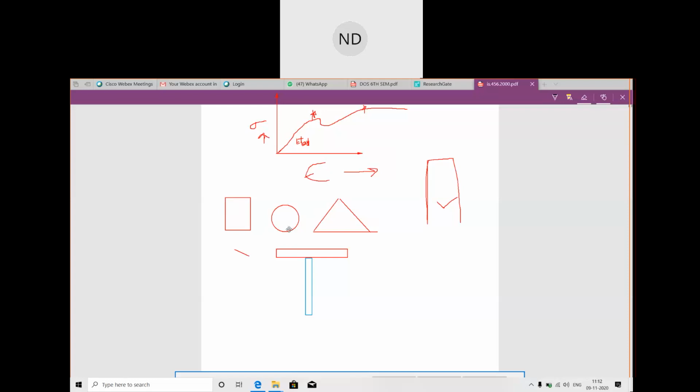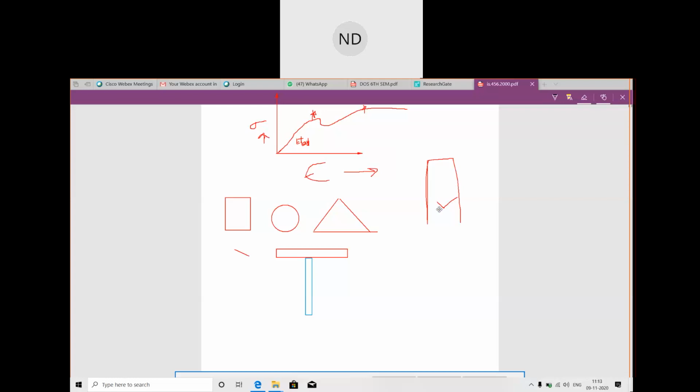Plastic analysis also has its application in the analysis and design of intermediate structures like frames, and in steel beams.